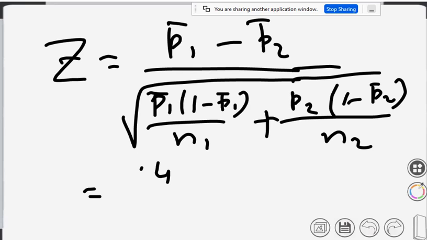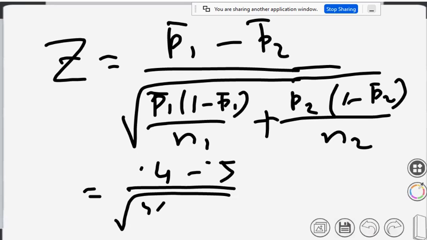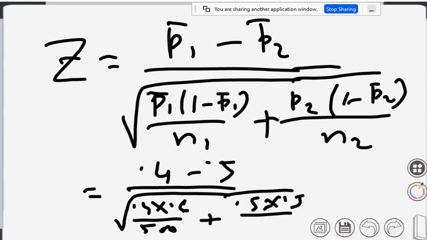So here it is 0.4 minus 0.5, divided by root of 0.4 into 0.6 by N1, which is 500, plus 0.5 into 0.5 by 400. So calculate. Calculate quickly. How much is it?